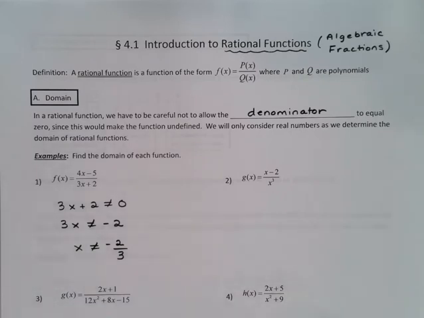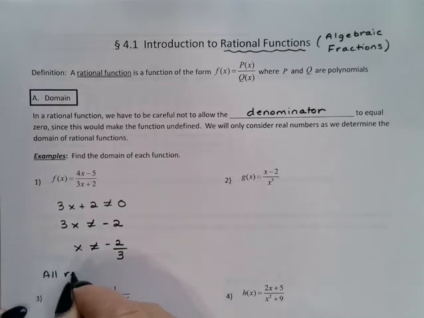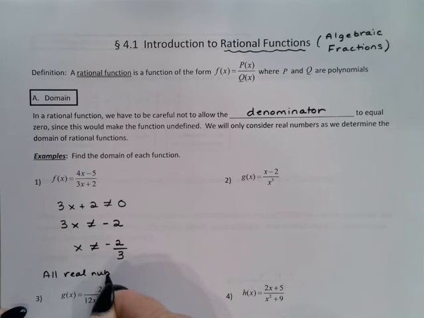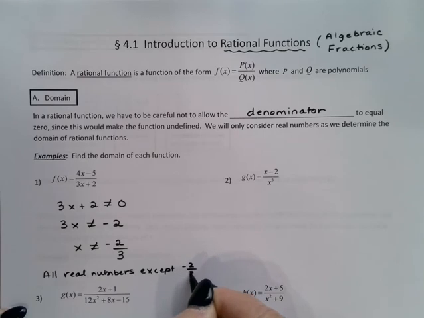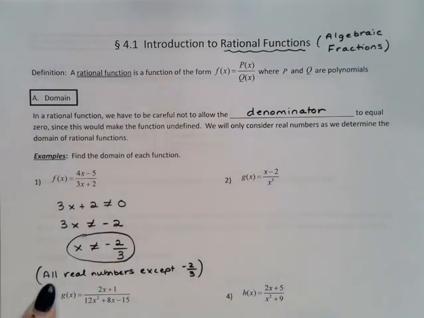Technically speaking, the domain is all real numbers except negative 2/3, although we'll often use this as sort of a shortcut. But I'll write this first one all the way out, with the understanding that when we write this, that's what we really mean.